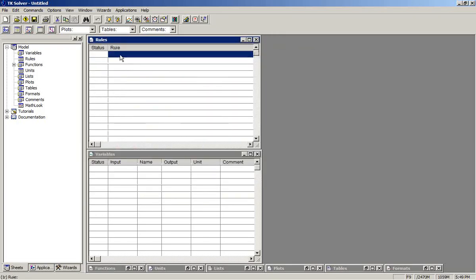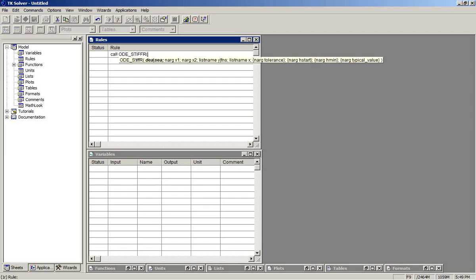We'll create a rule on the rule sheet to process that objective function. We call our integrator, and the first argument is the name of the function containing the differential equations. Then we specify the domain over which the integration is going to take place.